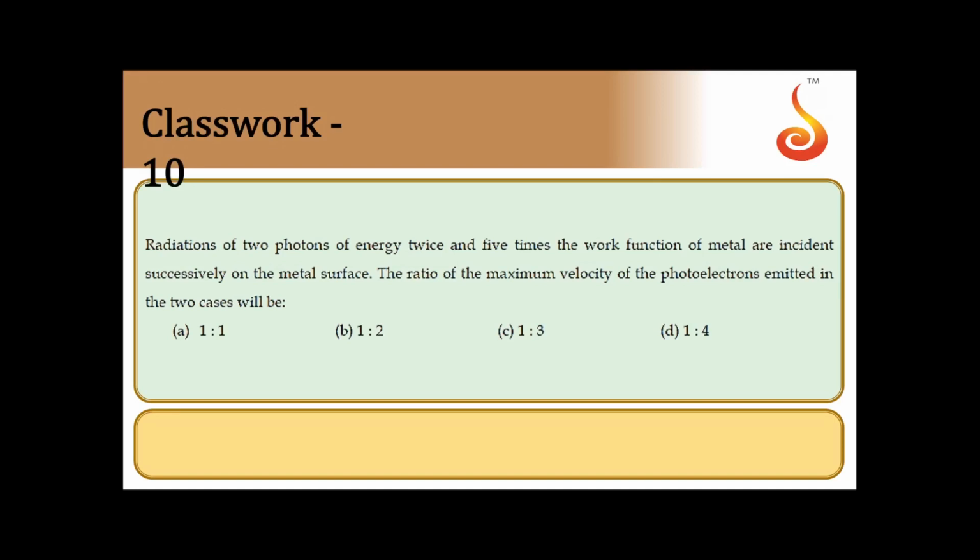So what they have given here is there are 2 photons, one having energy twice that of the work function, the other has energy 5 times the work function. They are incident. So you need to calculate the ratio of maximum velocity of photoelectrons in the two cases. V1 by V2 you have to calculate.